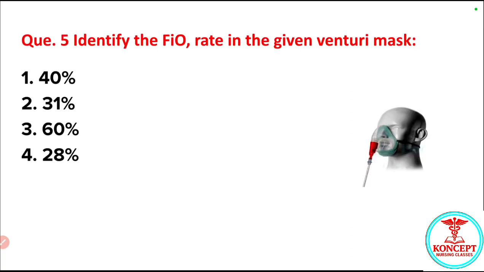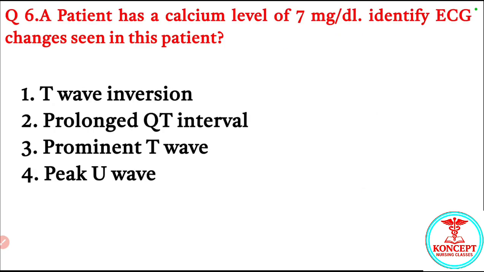Next question. Identify the FiO2 rate in the given Venturi mask. 40%, 31%, 60%, 28%. Correct answer is option 1, 40%. Next, a patient has a calcium level of 7 mg per dl.